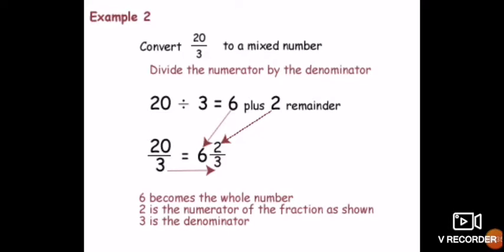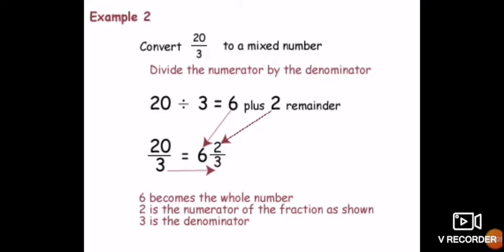Now the remainder will become the numerator of the fraction part. Here the fraction part is 2 upon 3, which is the denominator. The denominator will be the same in both cases, whether in an improper fraction or in a mixed number. You can remember it like this also. This quotient part will represent the whole, which you will write first.